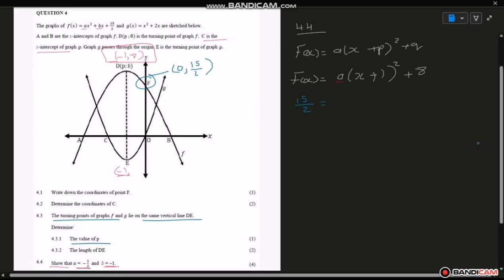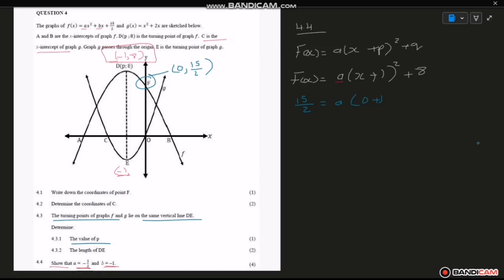Therefore 15 over 2 equals a, where there's x, we substitute 0 plus 1 squared plus 8. Therefore 15 over 2, we're going to have a plus 8. Remember, this is 2 here, not a. Therefore 15 over 2 minus 8, we're going to have negative half.